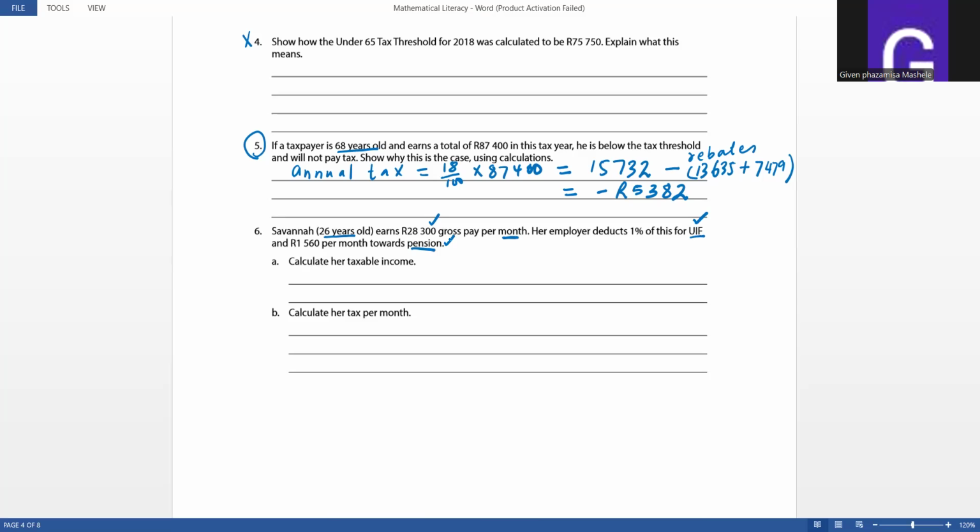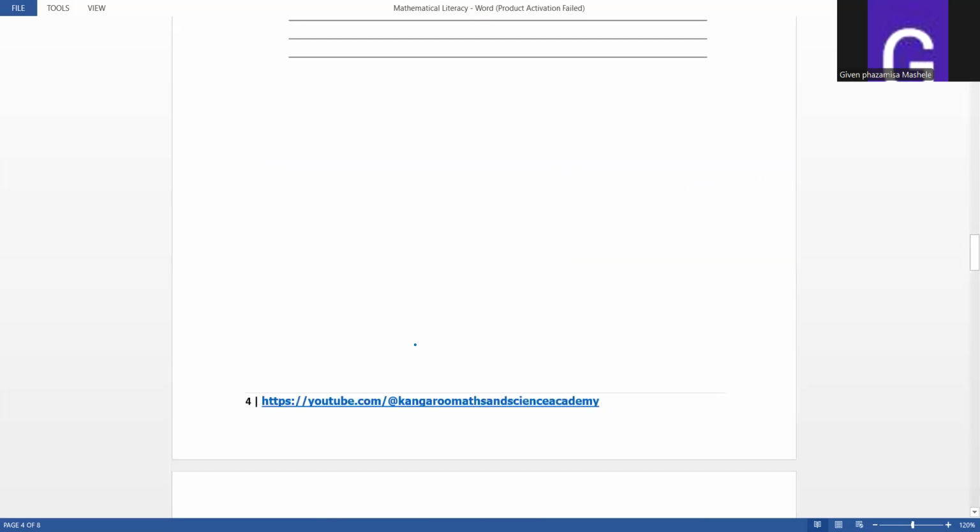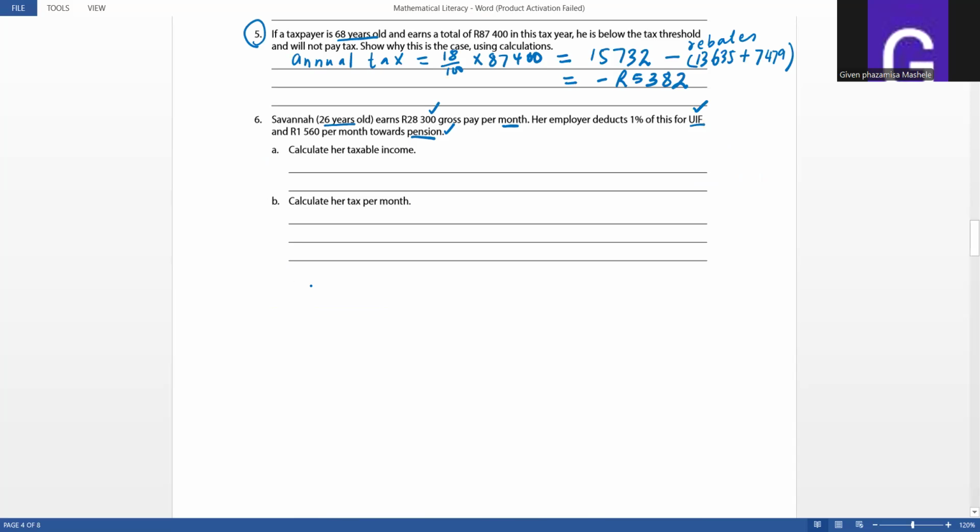Now, the first question says, calculate her taxable income. Here they did not mention whether it's annual or monthly, but we just assume that the taxable income will be the monthly one. Let's call this number A. First of all, we have to calculate the deductions.